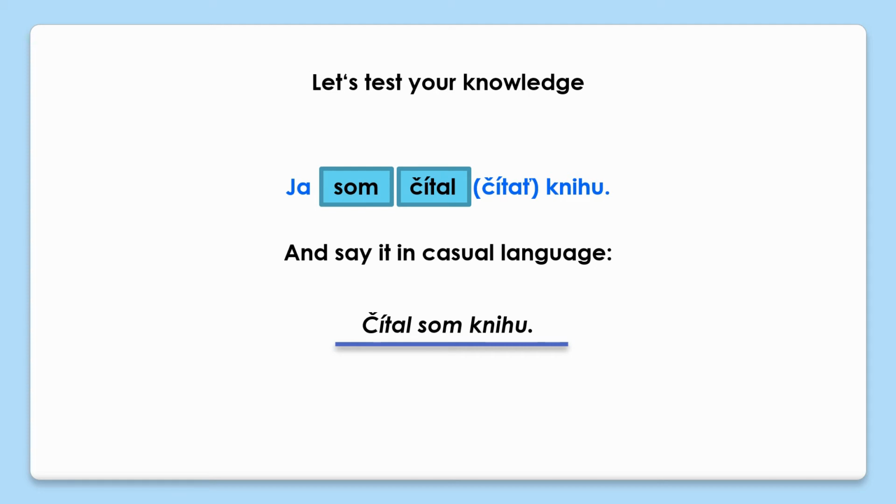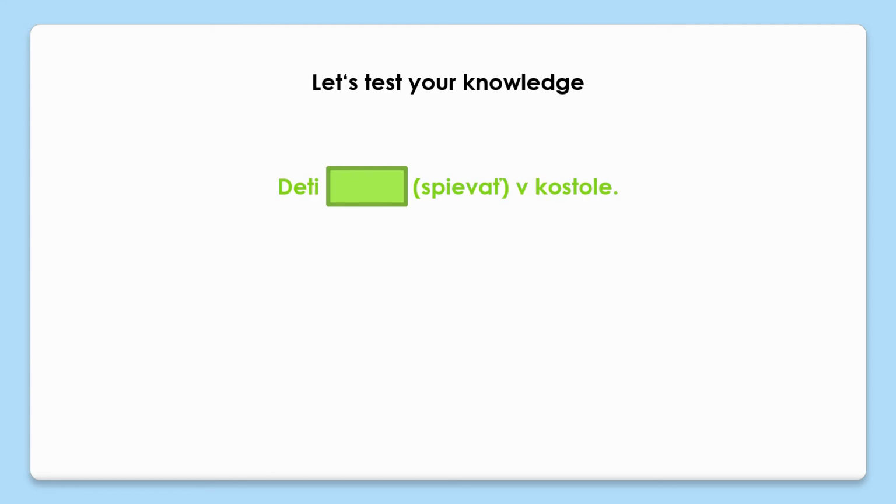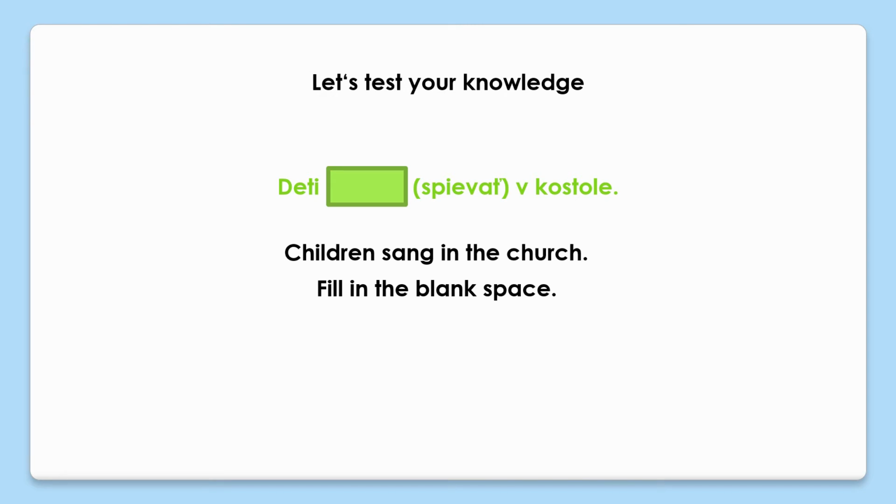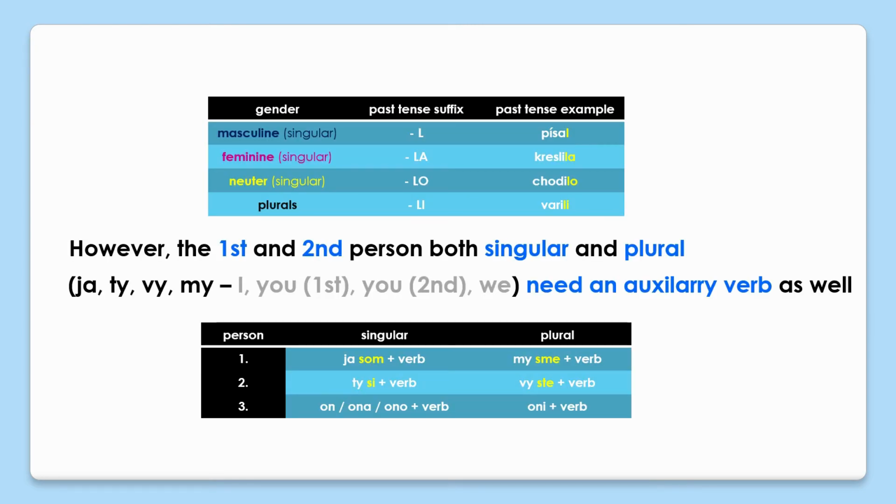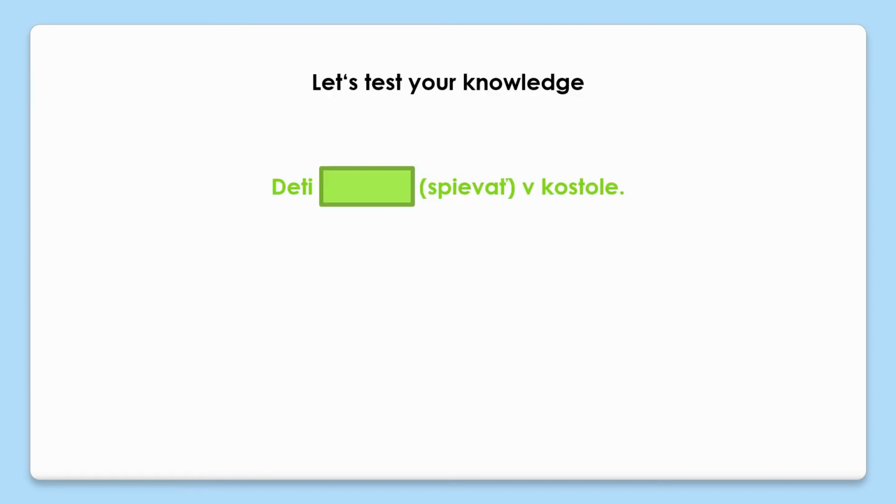Casually, čítal som knihu. Children sang in the church, or children were singing in the church. Deti spievali v kostole.